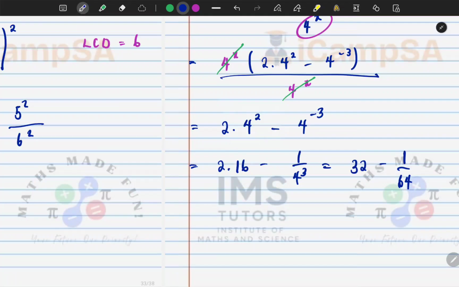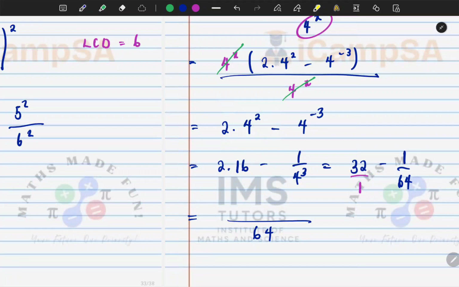So you have 64. Great. And then you are going to solve that by finding the LCD. So you have 64, and you also have the 32 divided by 1.